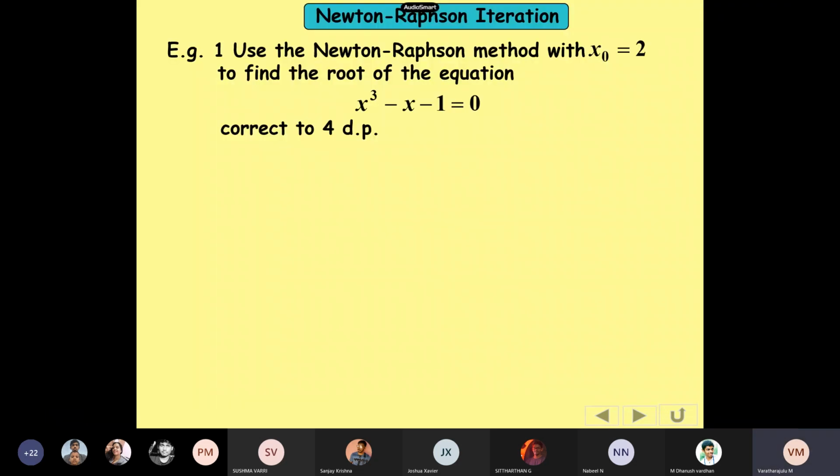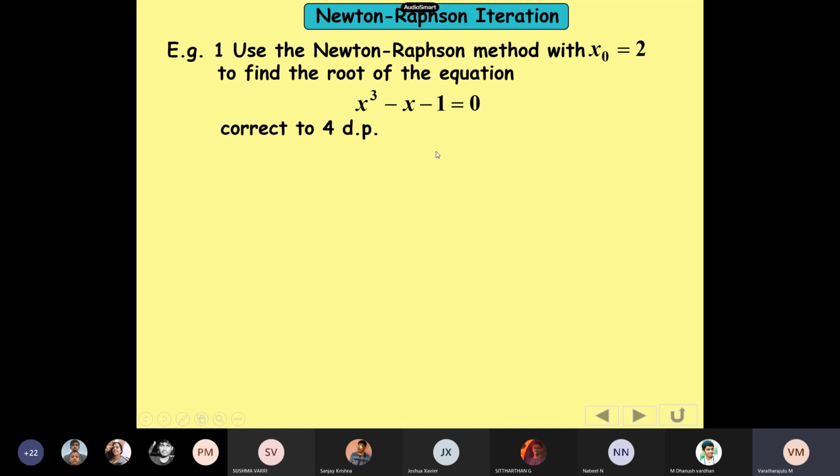It is a very simple mathematical calculation. This is the given problem: use the Newton-Raphson method to find the root of the equation x cube minus x minus 1 equal to 0, correct to 4 decimal places.